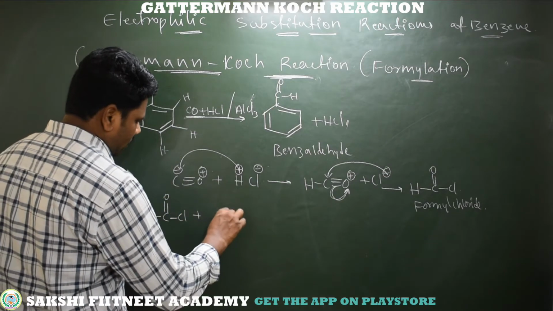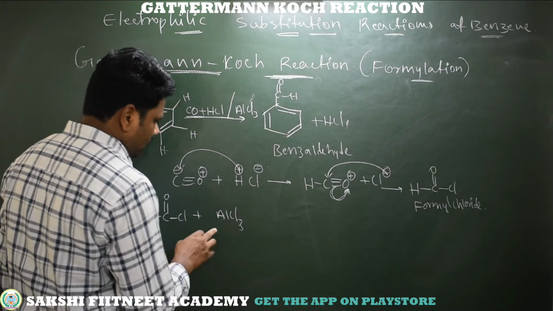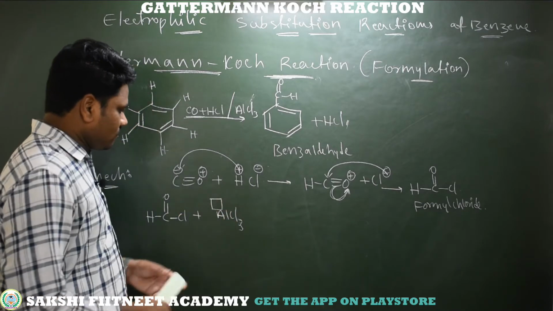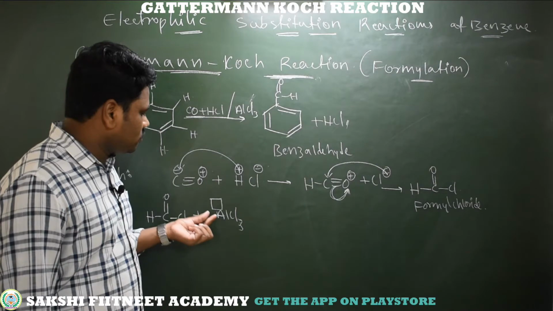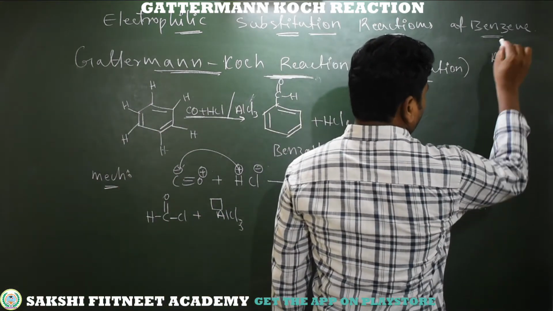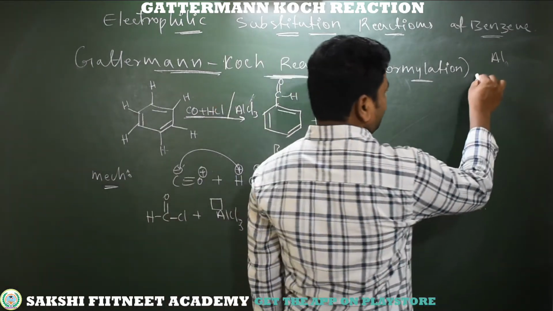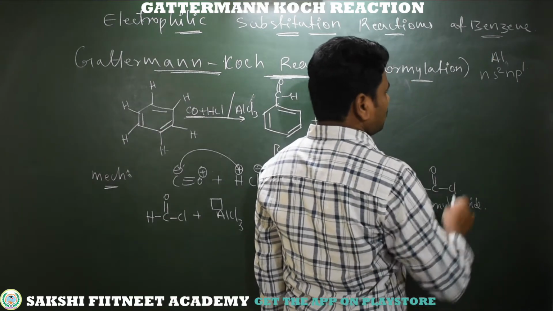This formyl chloride with aluminium chloride, AlCl3. See here, this aluminium chloride acts as a Lewis acid due to a valency empty orbital. Why does this aluminium show a valency empty orbital? See here, aluminium belongs to the third A group. So what about the valency configuration? It's 3s2 3p1.